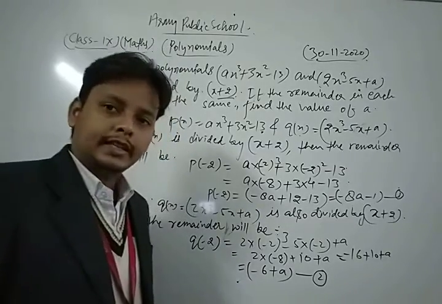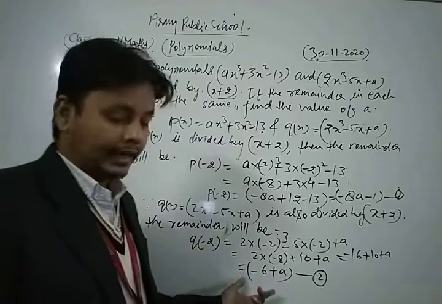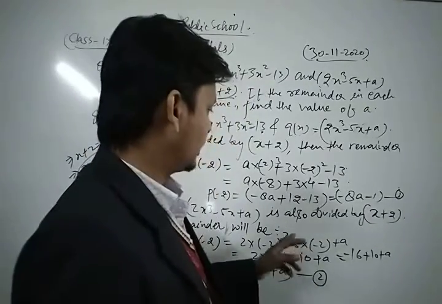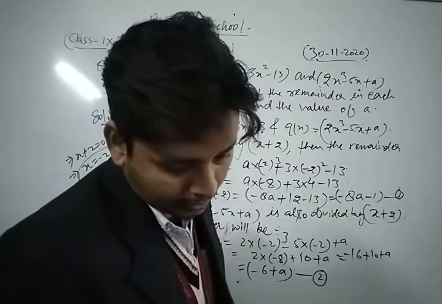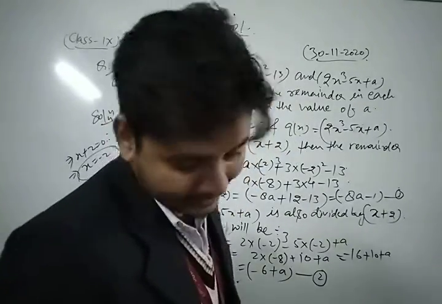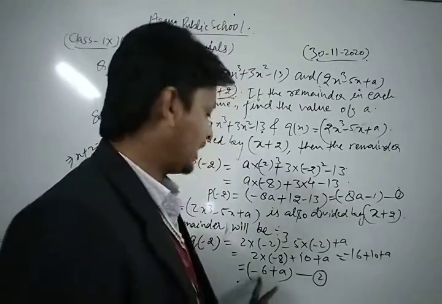Look, dear students, in this way first of all we find the remainder in each case. In the first case we get minus 8a minus 1, and in the second case we get a minus 6.